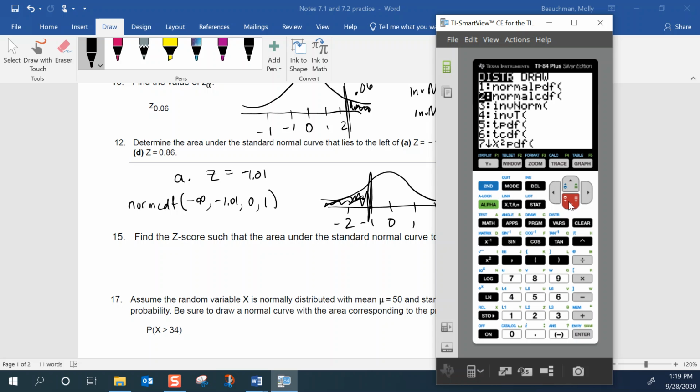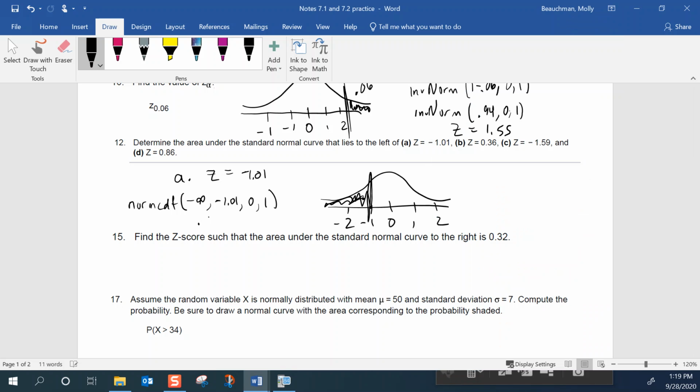So we go to distributions, normal CDF. We're going from negative infinity to negative 1.01. Mean of 0, standard deviation 1. And we end up with an area of about 0.1562.